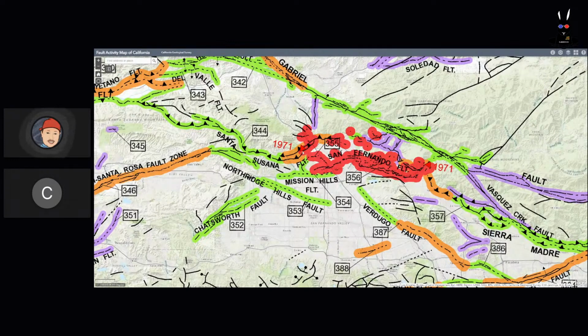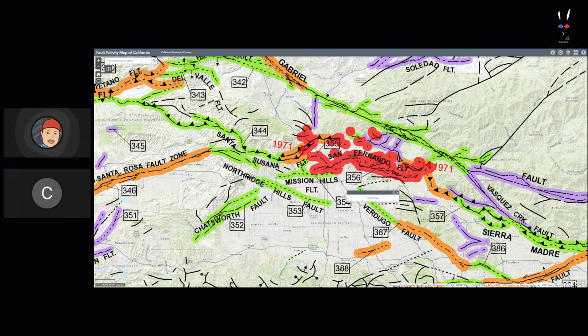Yeah, that's 1971. You can see it was the San Fernando Sylmar quake, Sylmar fault, Sierra Madre fault zone. See, again, it's in a zone, but has an individual fault name. Isn't that kind of funny? Sylmar fault, but the Sierra Madre fault zone.